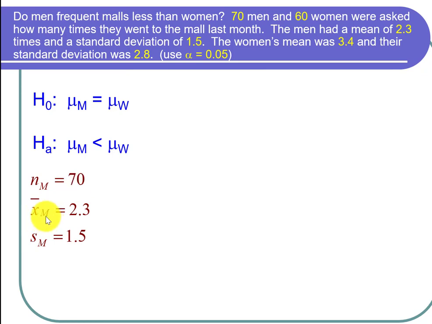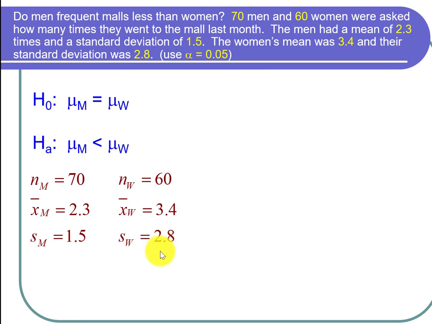Also, x bar sub m equals 2.3, and s sub m equals 1.5. Similarly, for the women, there were 60 women. Their mean was 3.4, and their standard deviation was 2.8. So n sub w equals 60, x bar sub w equals 3.4, and s sub w is 2.8.